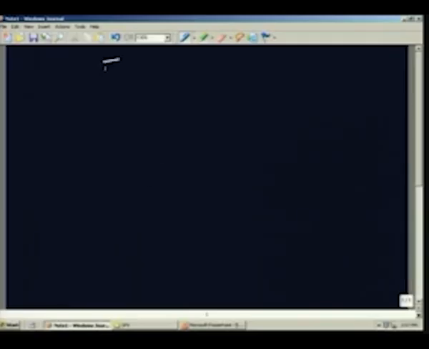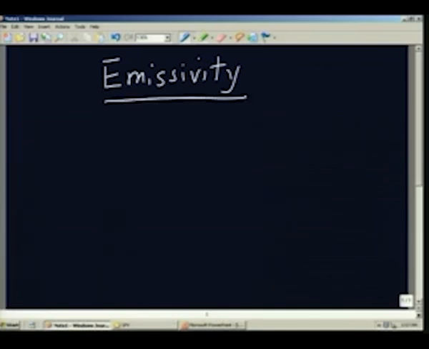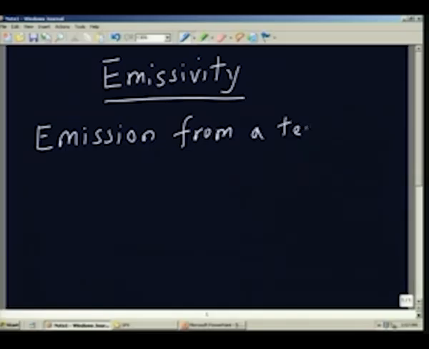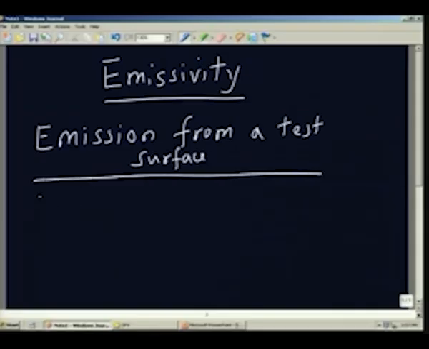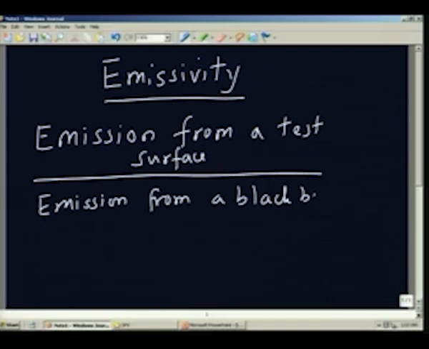So, emissivity is a surface property. It is a comparison between emission from a test surface divided by emission from a black body, both at the same temperature.